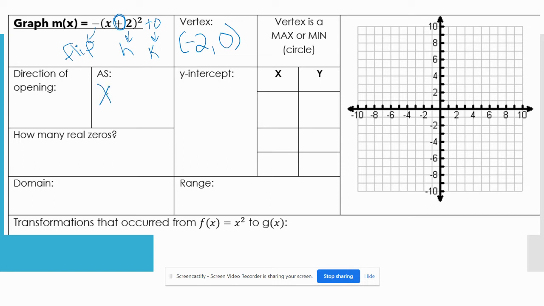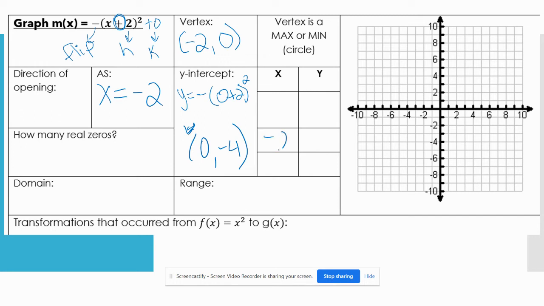That makes our axis of symmetry x equals -2. For our y-intercept, we're plugging in 0 for x, so we have -(0 + 2) squared. And so when we do that math, we get 0, -4 for our y-intercept.